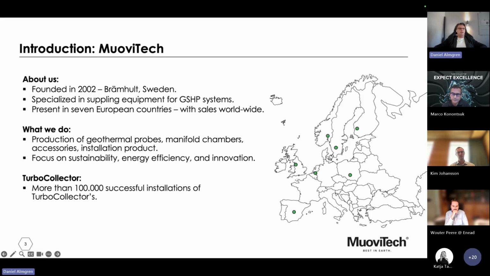From the very beginning, our main priorities have been sustainability, energy efficiency, and innovation. We believe that these three are essential for the future of geoenergy. And one good example of that is our TurboCollector.